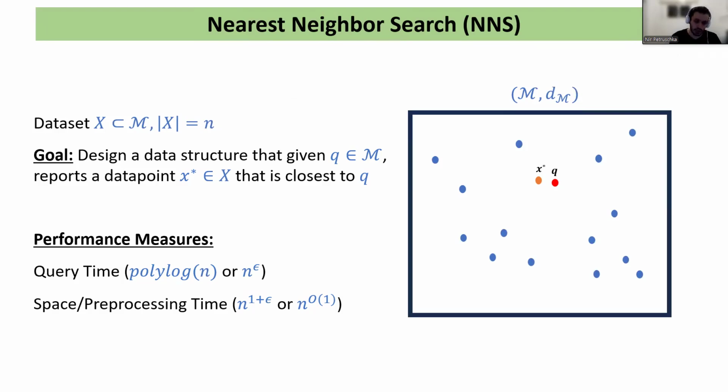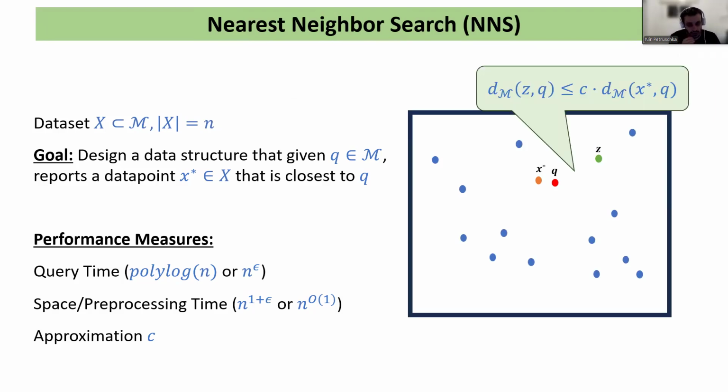And we considered also the case where we have an approximation factor c. So this is the approximated version of this problem. Instead of reporting the closest point to the query point, we are allowed to report a different point z, as long as the distance between z and the query point q is at most c times the distance between q and its closest point from the data set.